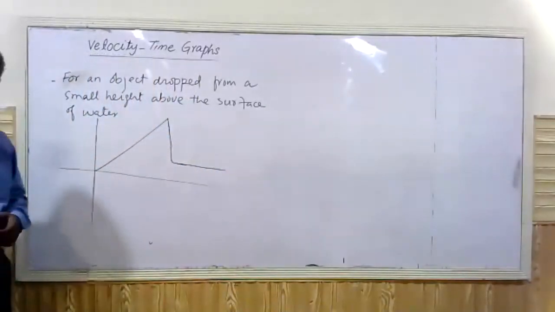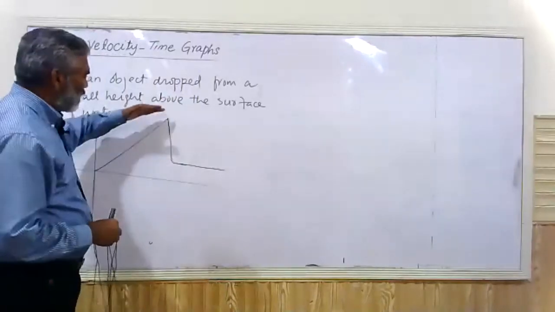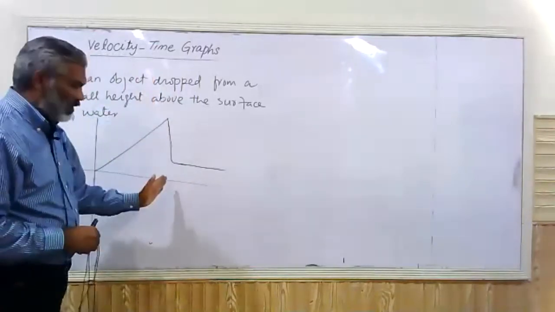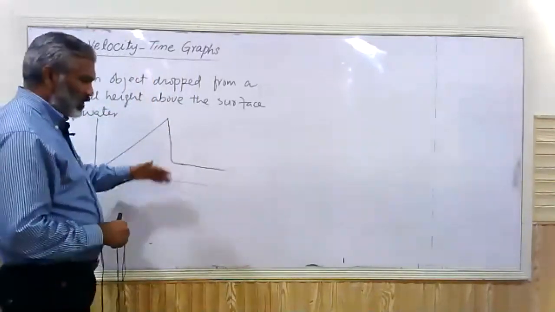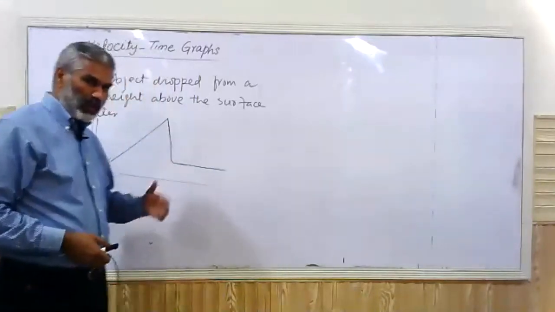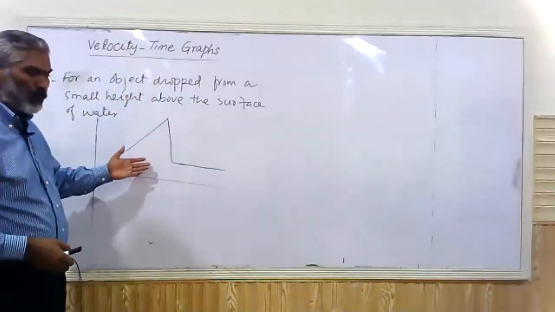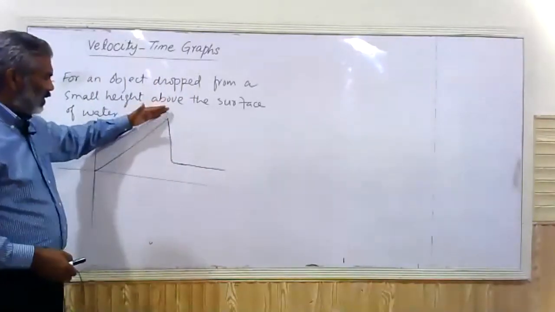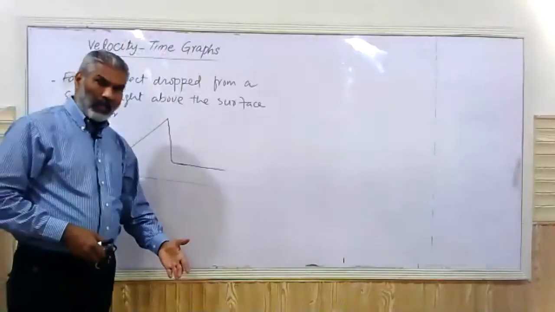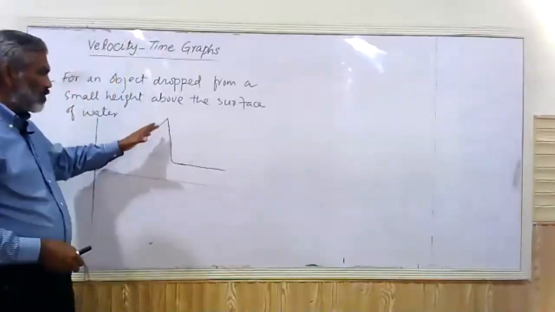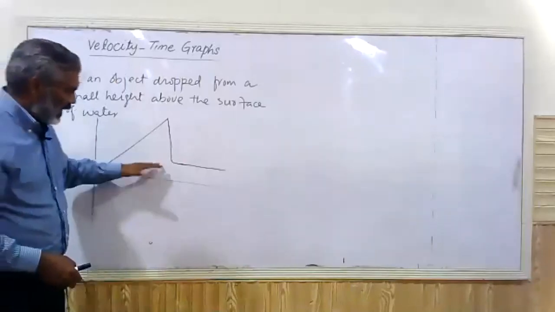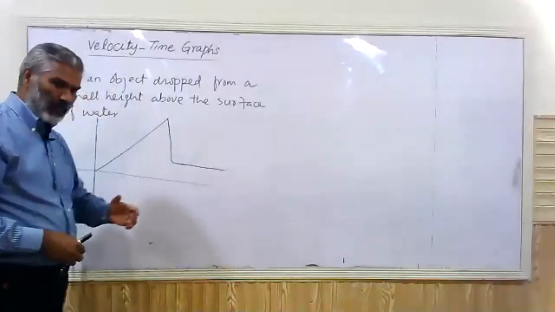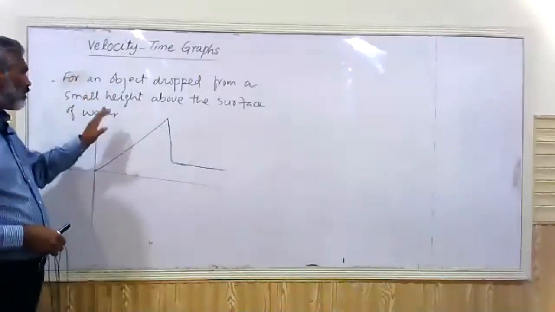So this is the kind of graph which shows the object makes an impact with the surface of water. It quickly slows down, decelerates. It is just like opening a parachute. You have seen this kind of graph for opening a parachute in O level classes. This is the time for which the climber falls, and suddenly it opens the parachute, it quickly decelerates, and then the velocity becomes constant, the terminal velocity with which it subsequently falls. This is the kind of graph for this situation.